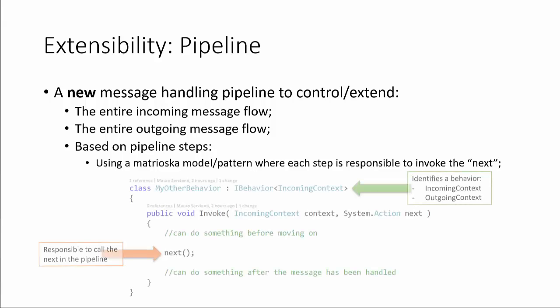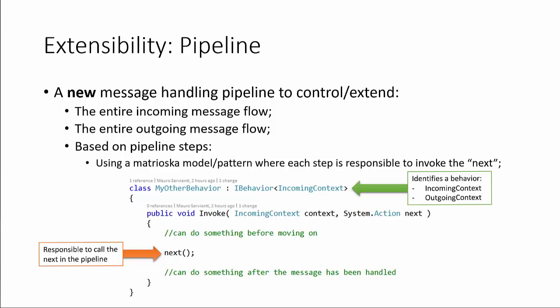What is a pipeline step? Basically, we call these steps behaviors. A behavior is just a class that implements the IBehavior interface, which is a generic interface, and that generic interface requires us to define if the behavior will be an incoming behavior that participates in the incoming message flow, or an outgoing behavior.